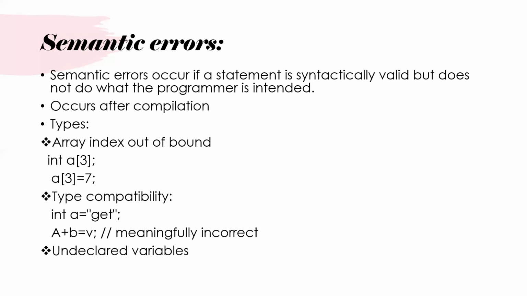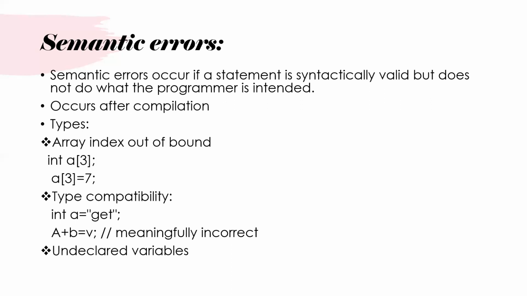Similarly, type compatibility errors also come under semantic errors. So what is type compatibility? If we declare a variable of one type and assign a value of another type, type compatibility issues will occur. For example, here int a = "get". We have declared a variable a of type integer and we have initialized it with "get", a string type. So an integer variable is declared with a string.